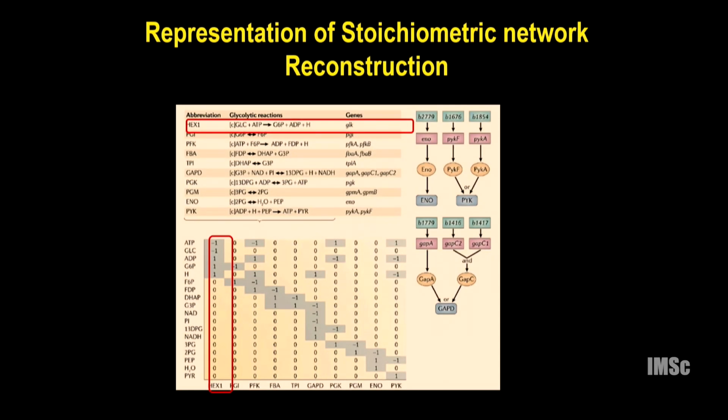So essentially, if you want to zoom into the glycolytic pathway in E. coli, if you look at the first reaction, the hexokinase reaction, this is the reaction hex1, and this is the chemical reaction vector that defines this reaction.